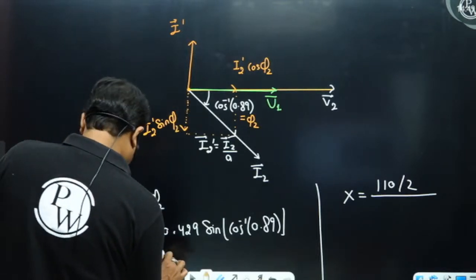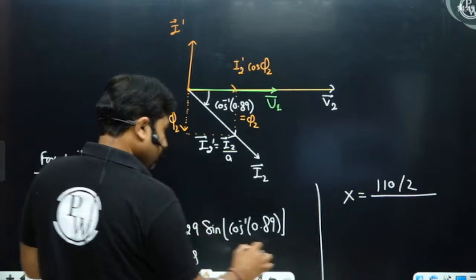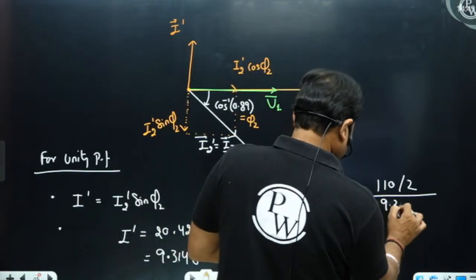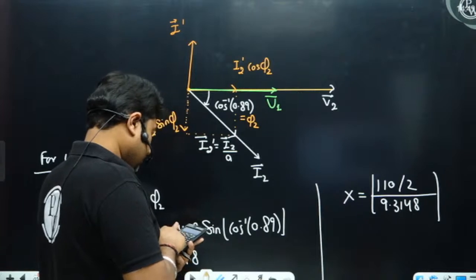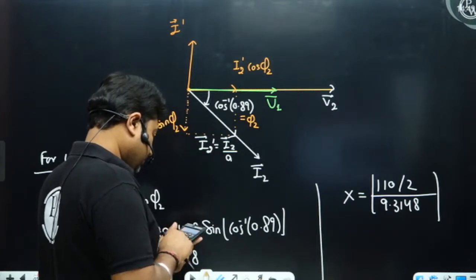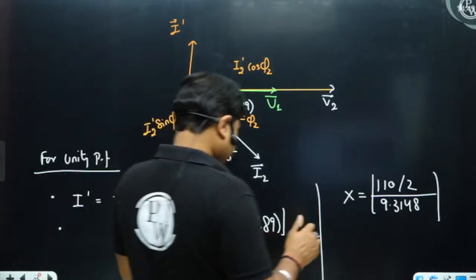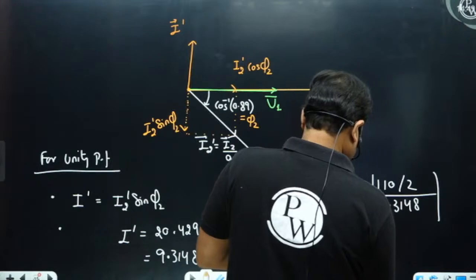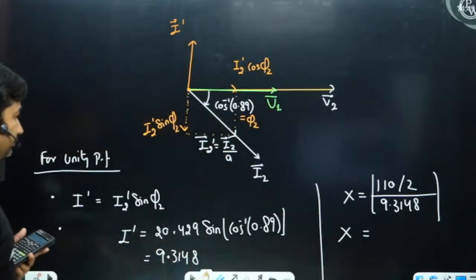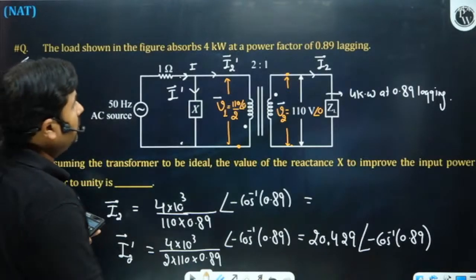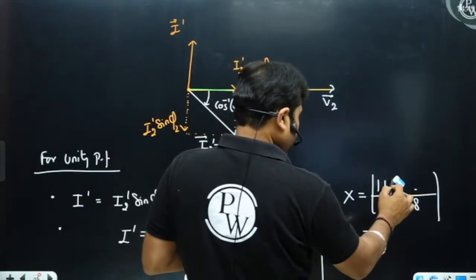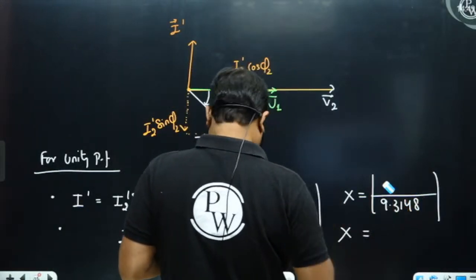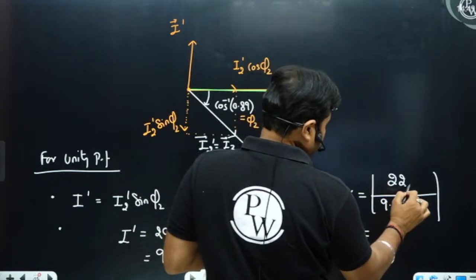So the value is 9.3148. And 110 by 2. Two is to 1. Okay, it's a double. Sorry, 2 is to 1. So it is 220.